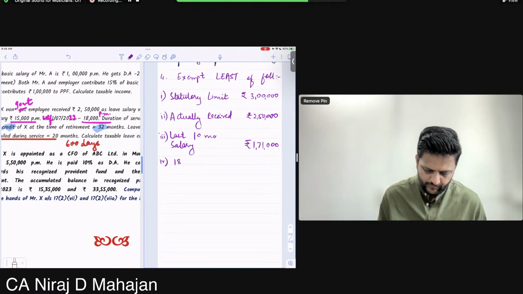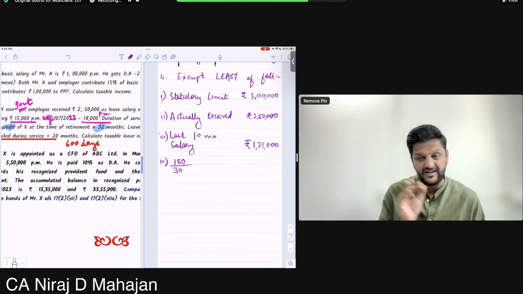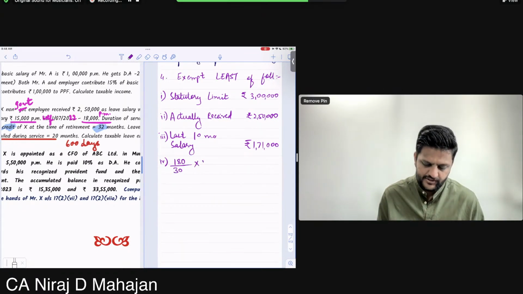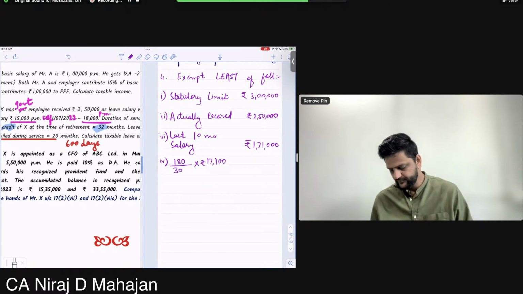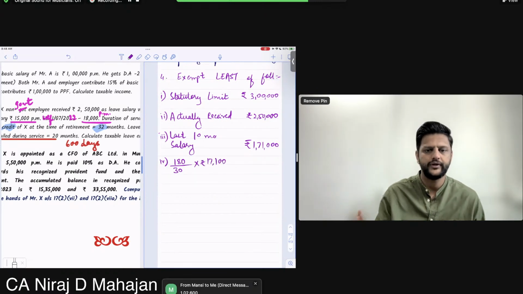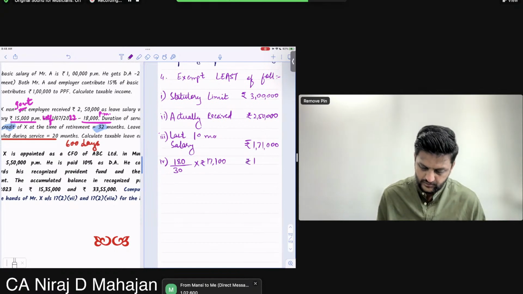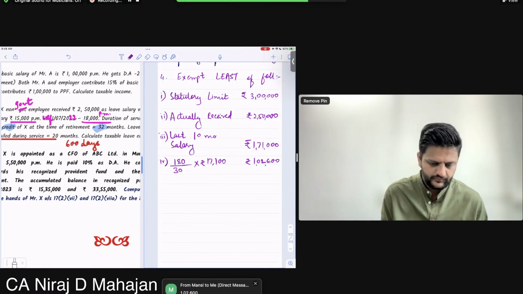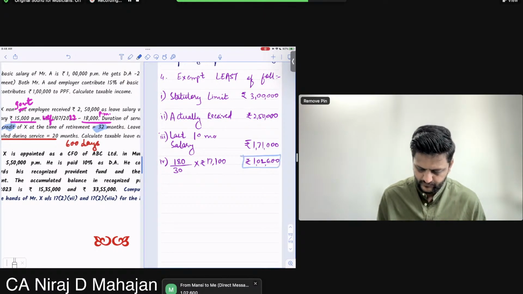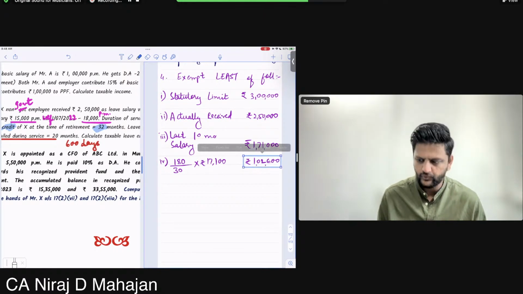So 180, remember that, divided by number of months, 30, and into average salary is 17,100. Is it okay, everybody? Give me this figure. Very good. 1,02,600.